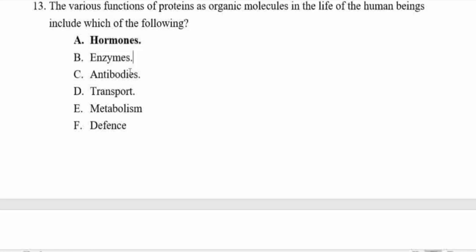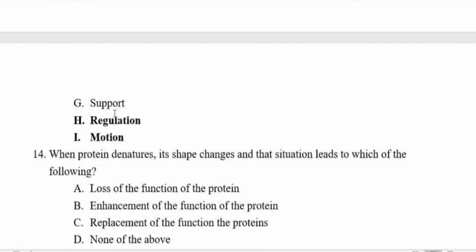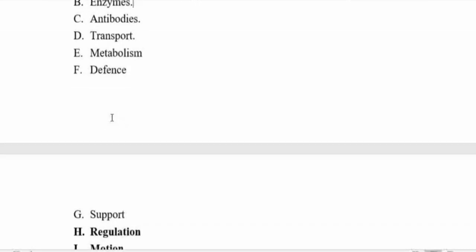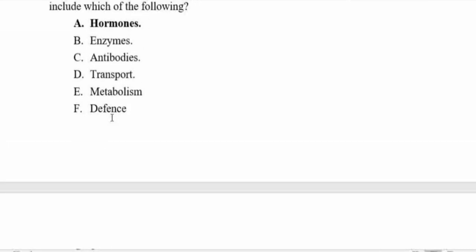So yes, we can say that proteins play a role in regulation, probably as growth hormones, or as hormones such as insulin, which will help in managing the glucose in the blood or in cells. And then again, they can also serve as intercellular messengers which influence metabolism of cells.